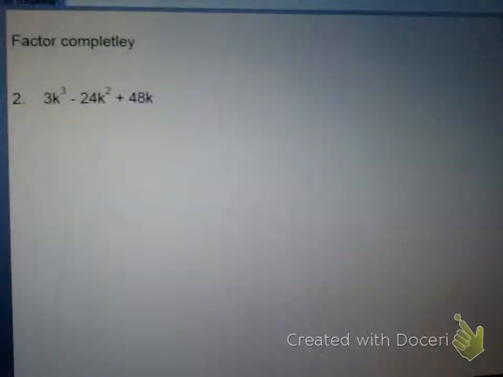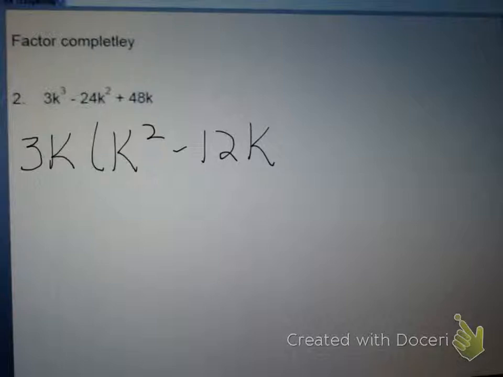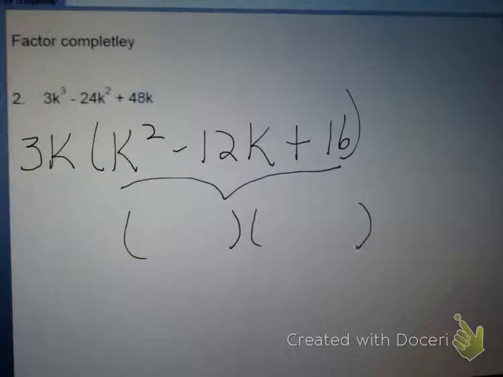Number 2, I am going to factor out a 3k, and I get k squared minus 12k plus 16. Now, this I can factor into two binomials. My signs are the same, they're both negative.